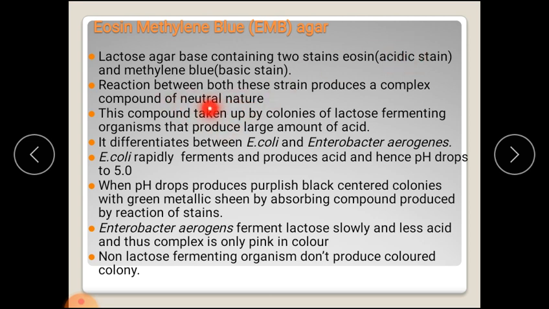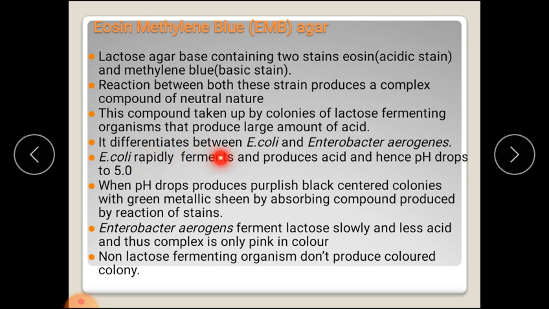This neutral compound is taken up by the colonies of lactose fermenting organisms that produce a large amount of acid. Means if your sample, the presumptive tube, contains coliform, then they will ferment the lactose in the medium and utilize the neutral compound present in the EMB-agar and form the colony.